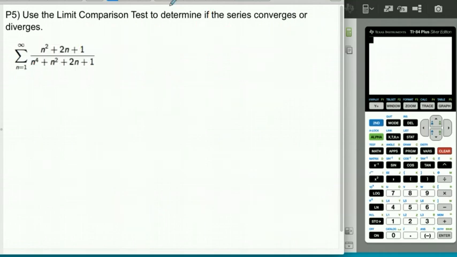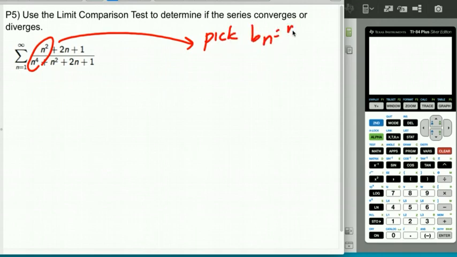All right, so again, when you're trying to figure out what to compare to, look here. I'm going to pick my b sub n as n squared over n to the fourth, which is 1 over n squared. Now, I know that this converges because it's a p series with p is 2.